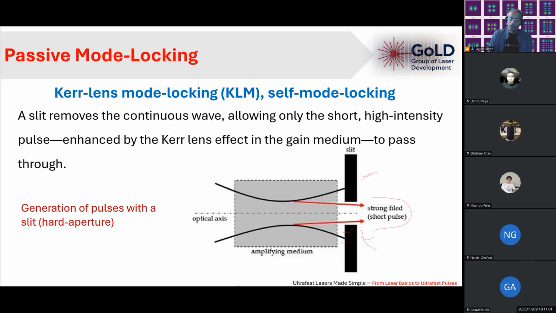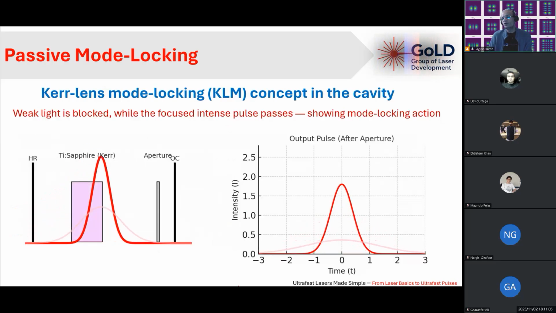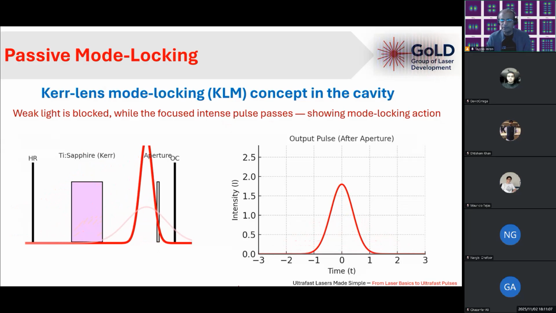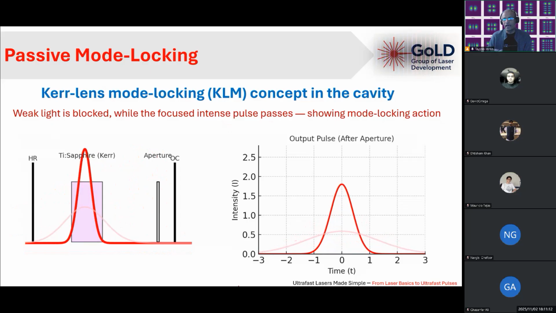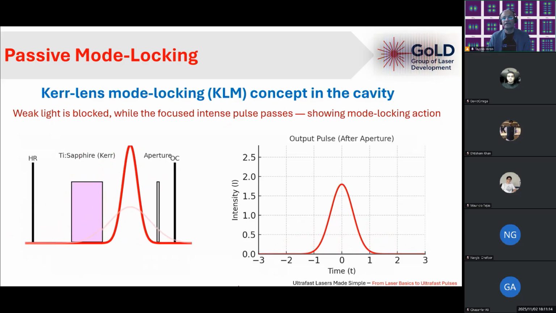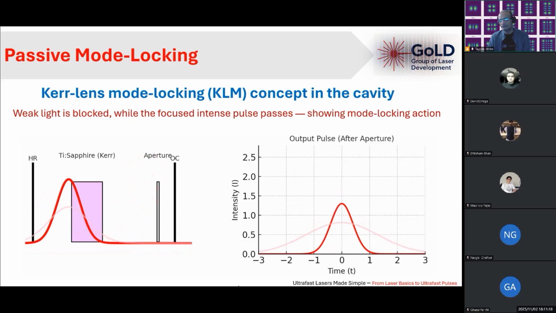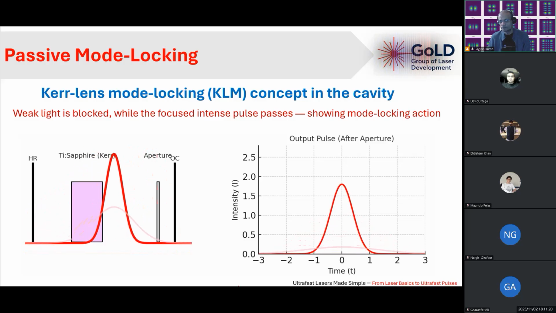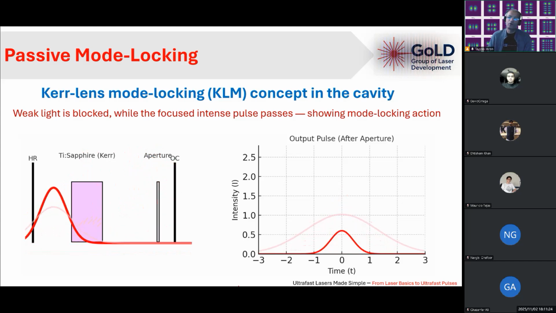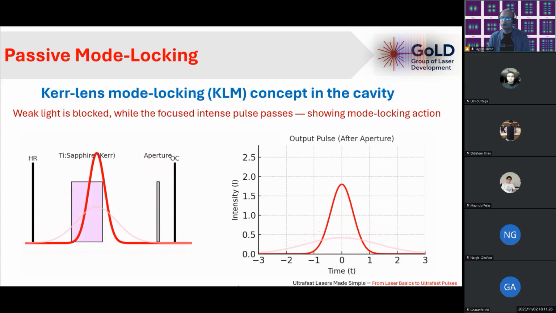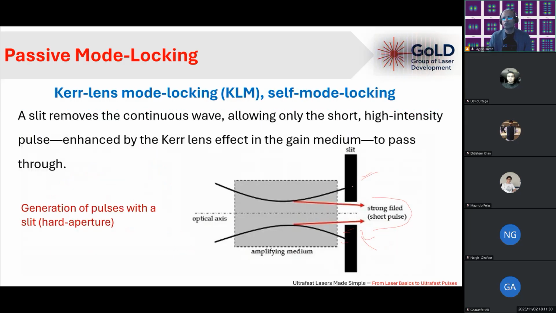So this is how it can be animated. It may not be 100% what exactly it's supposed to be, but it will help you to understand that weak light is blocked, and if the weak light is blocked, the intense one passes through. The weak light is on the sides.